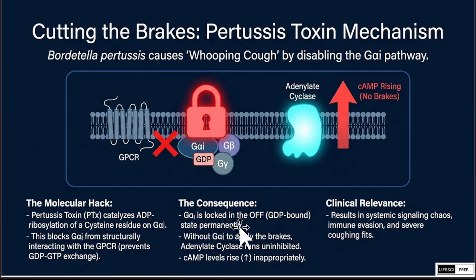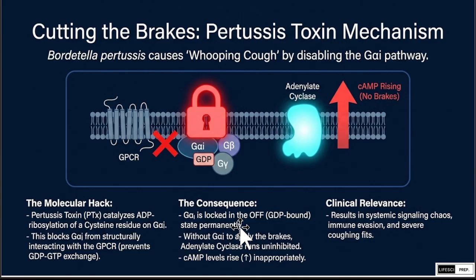In this G alpha I case, whooping cough is caused by its lock system or hijacking, you can say. The G alpha I is actually locked in the inactive form.